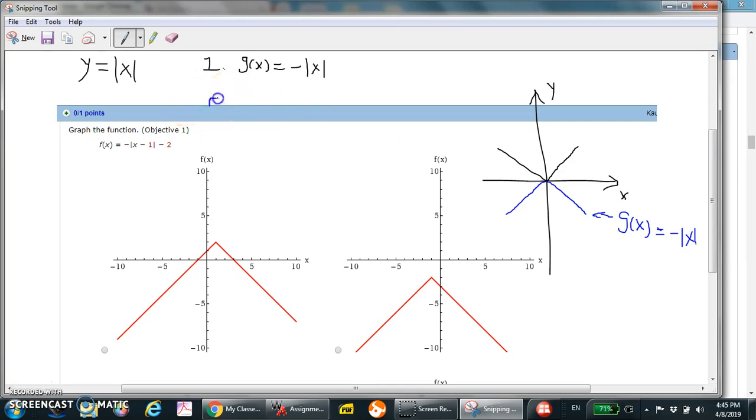Now the next one is the horizontal translation. This time we are subtracting a 1 from the x.